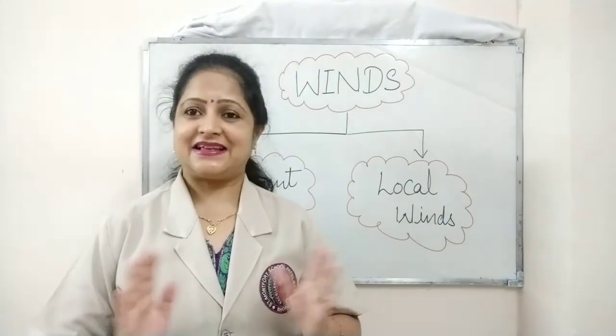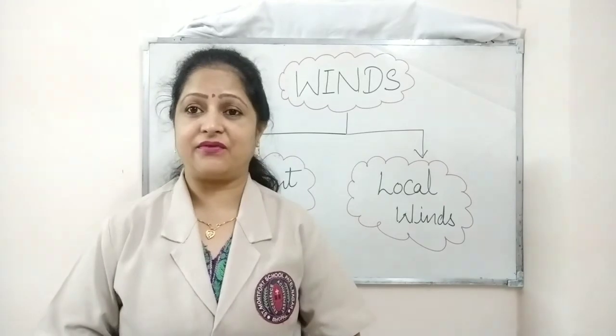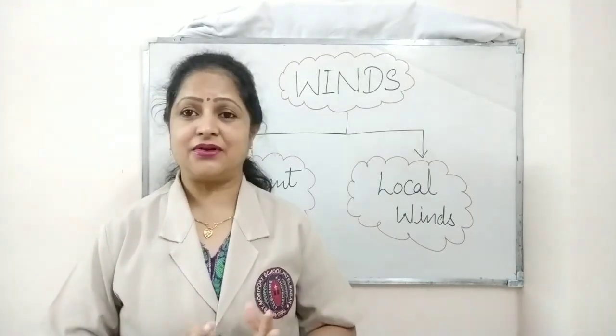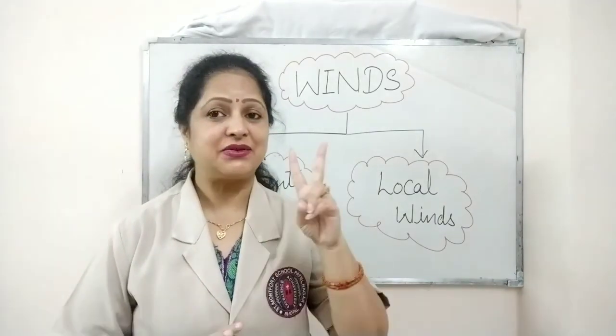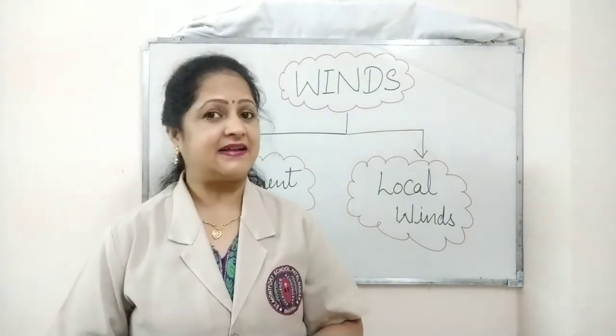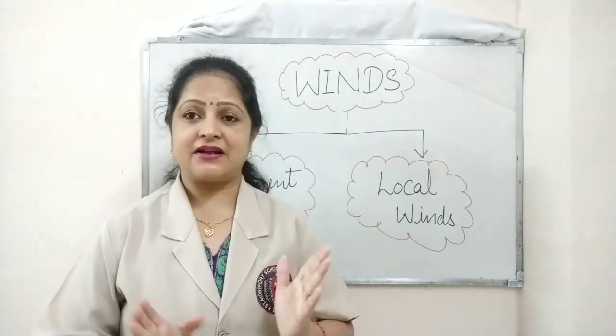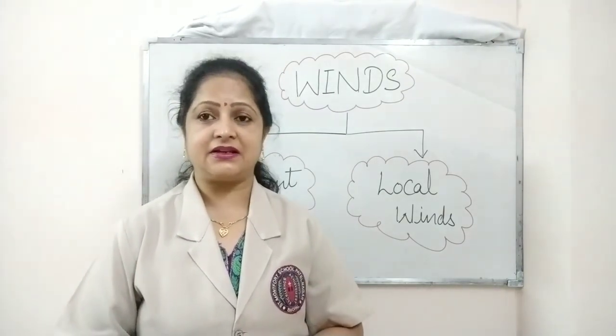So this is enough for today. Today we have discussed the winds, and I told you that there are mainly two types of winds: permanent winds and local winds. After that we discussed the permanent winds.